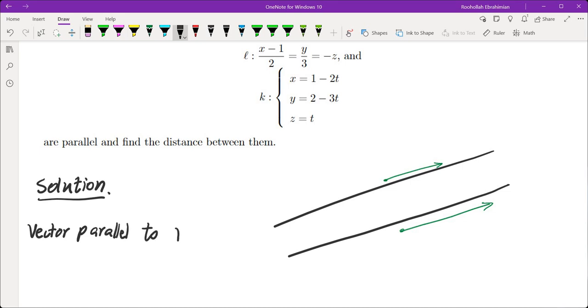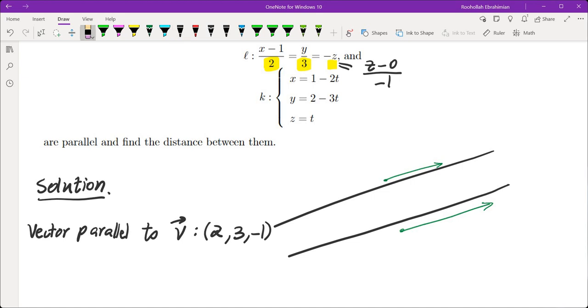So the vector parallel to L is, what we do is we have to look at the denominators, 2, 3, and the denominator of this one. However, we'll have to first write it down as z minus something over something. So that would be z minus 0 over -1. So the direction vector here would be 2, 3, -1.